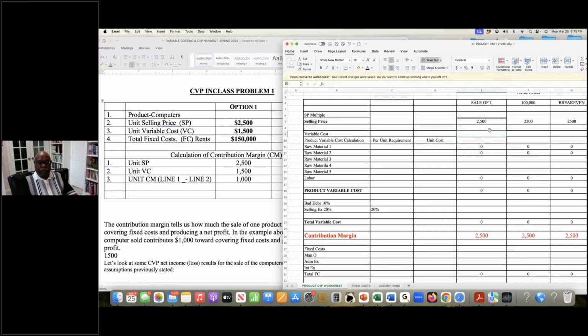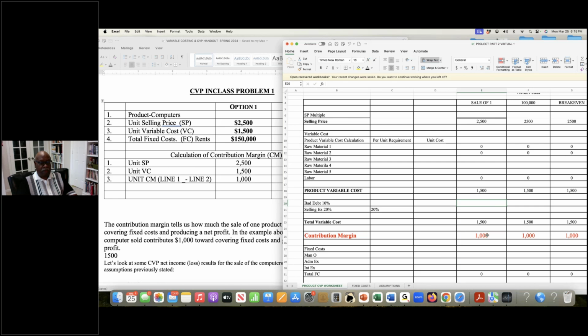We're just working on this column. Our selling price is 2,500, and our product variable cost is 1,500. If I subtract the variable cost from the selling price, I get a contribution margin of 1,000. Any questions? You should be following along with me. Does everybody have this in column one?